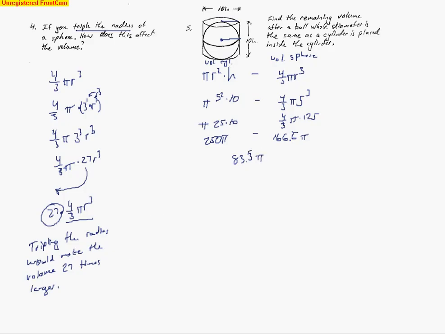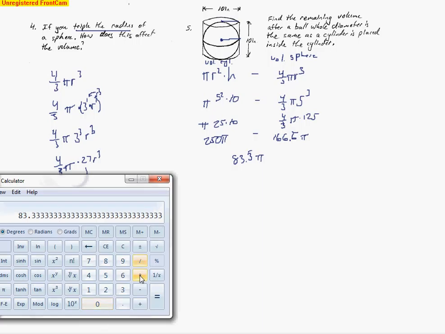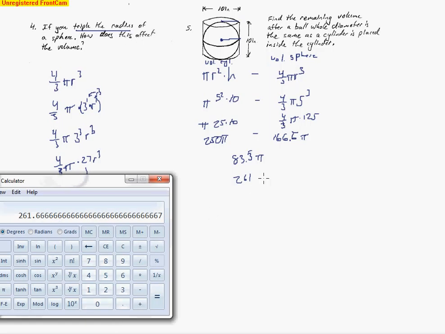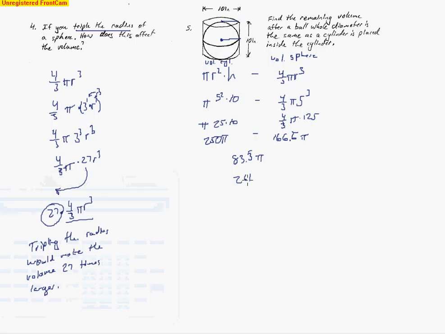So now I can go ahead and approximate this by multiplying by 3.14, an approximation for pi. And that gives me this number, 261.6 repeated, which is 2/3. So if I was to round that to the nearest cubic inch, I would look at the 6, and it is big enough to round this up.